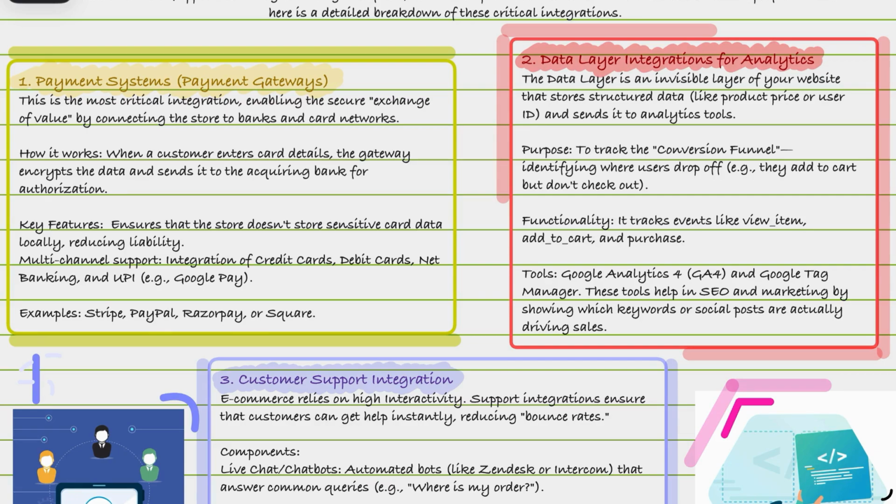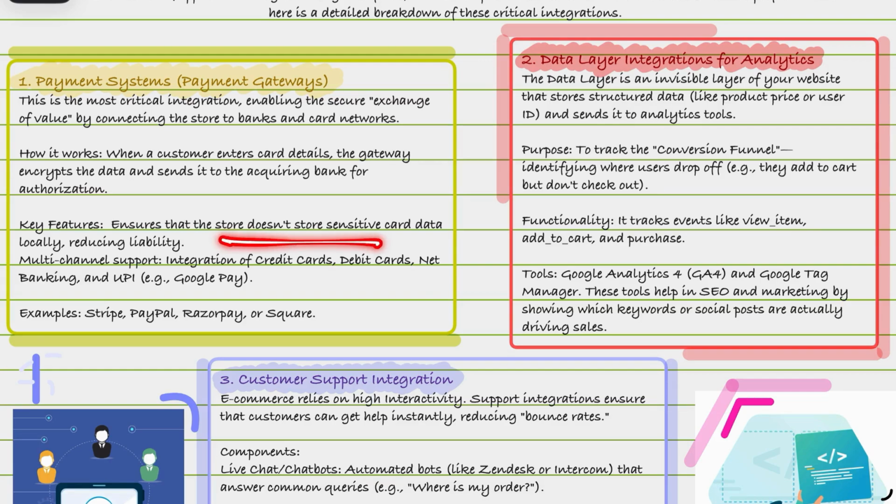That is why, instead, we integrate a payment gateway that instantly encrypts the data packet and routes it directly to the card network and the acquiring bank to authorize the funds.